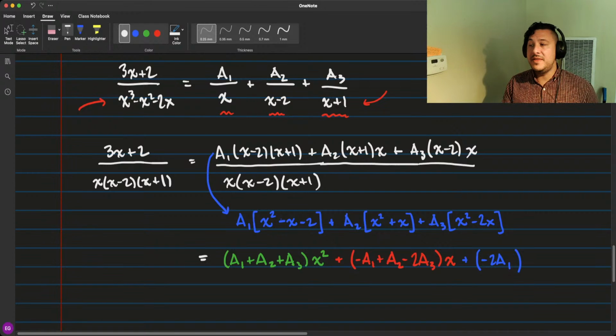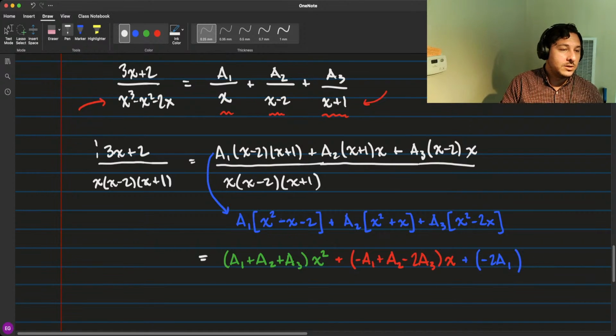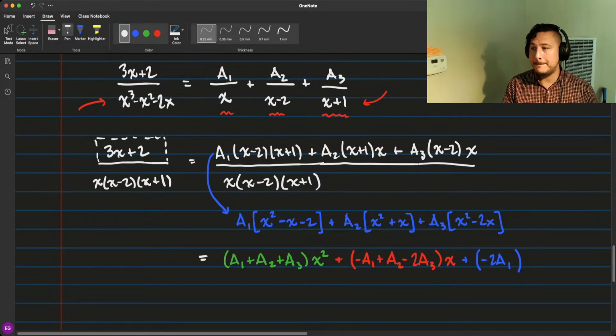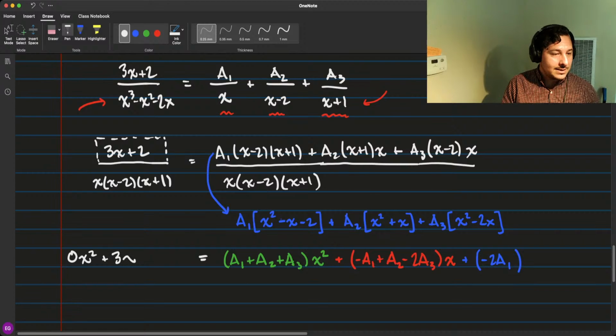Now this is equal to the numerator on the other side, plus a2 plus a3x squared. Are there any x squareds from the numerator on the other side? So I'm going to set that equal to 0x squared plus 3x plus 2.